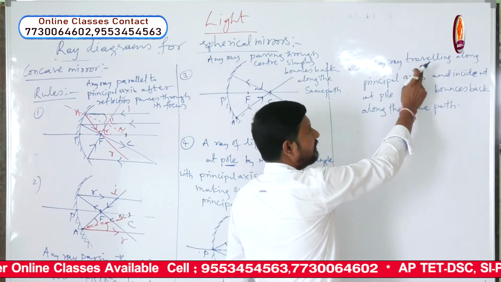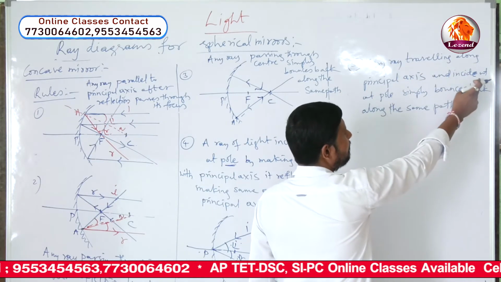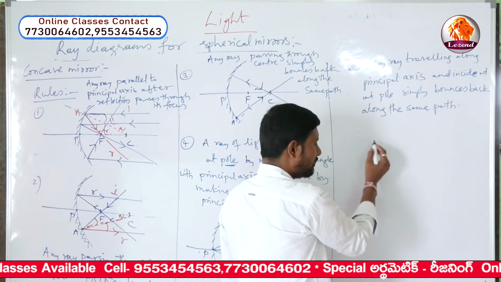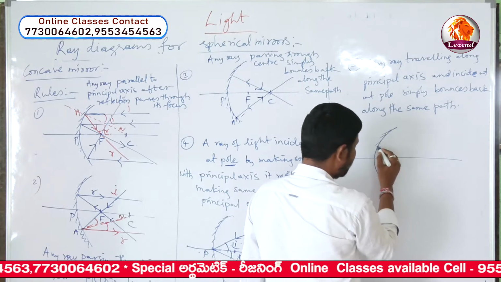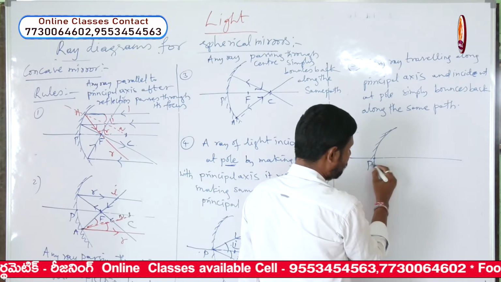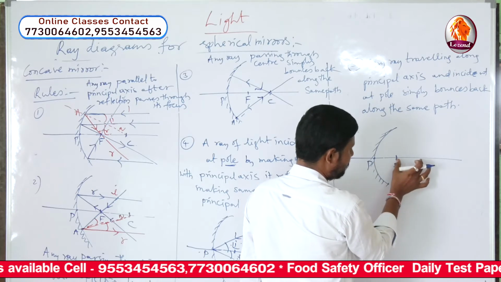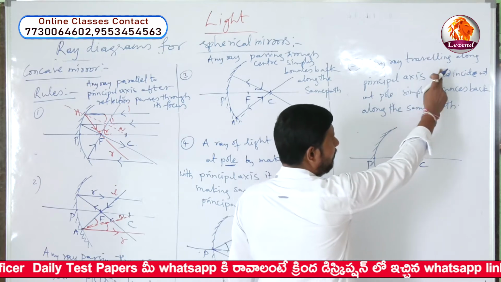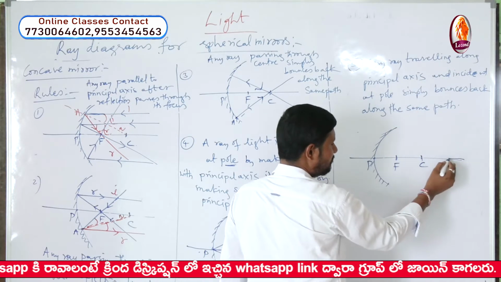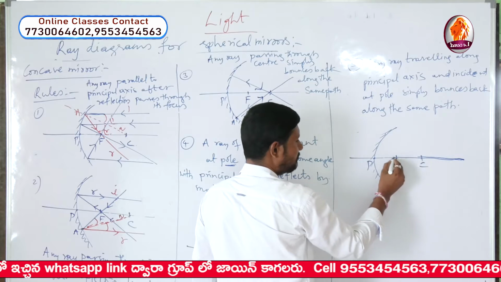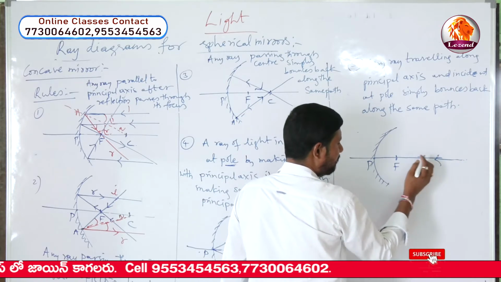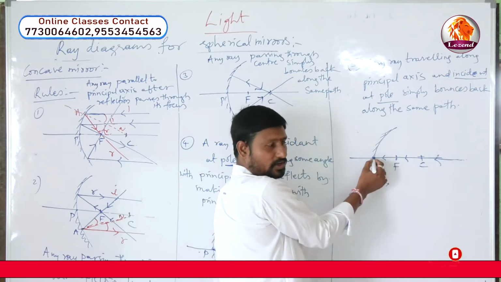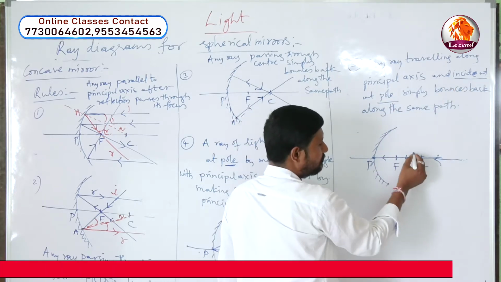The last one is: any ray traveling along the principal axis and incident at the pole simply bounces back along the same path. Let us take a concave mirror, pole, focus, the same distance taken here, center of curvature. A ray traveling along the principal axis is the incident ray, incident at the pole, so it simply bounces back.